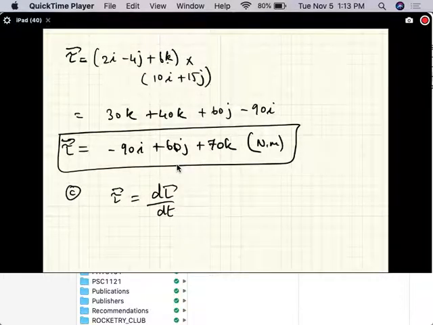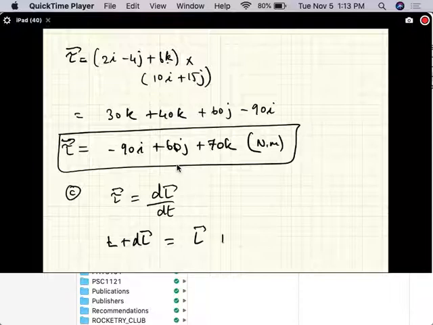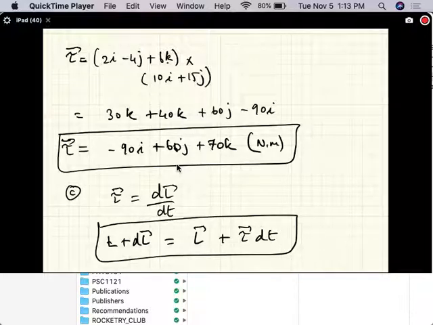So if you wanted to find the angular momentum at delta t later, L plus dL would be L plus tau times dt. That's what that equation is telling you.